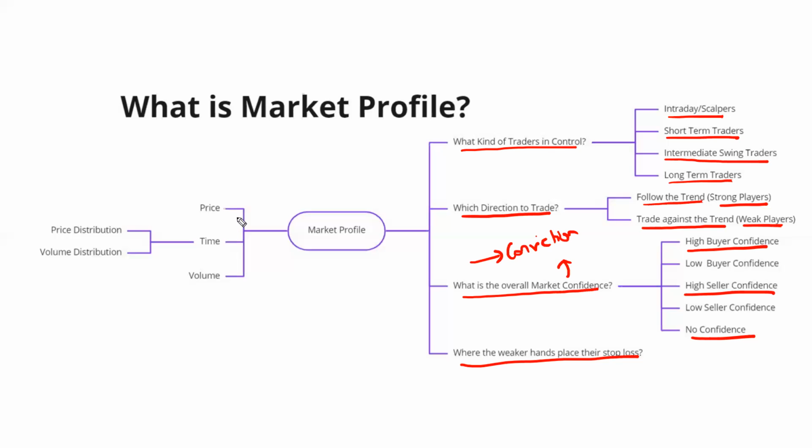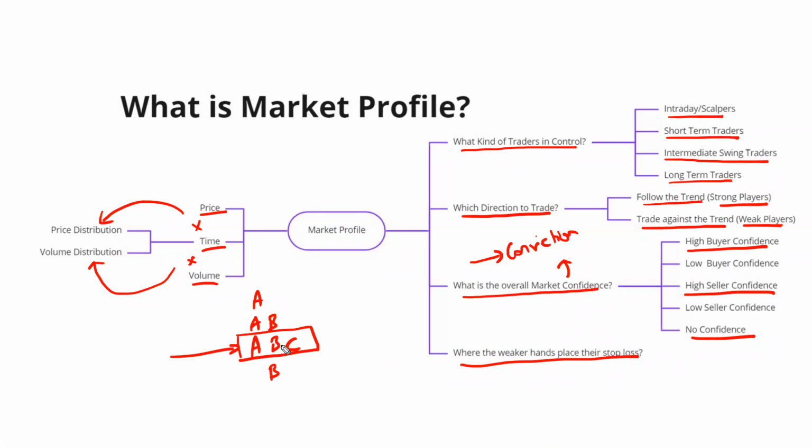Basically, market profile uses three things: price, time, and volume. Price into time is what we call a price distribution, and volume into time is what we call a volume distribution. When I say price into time, it looks something like this. Here a particular price level is getting touched multiple times.